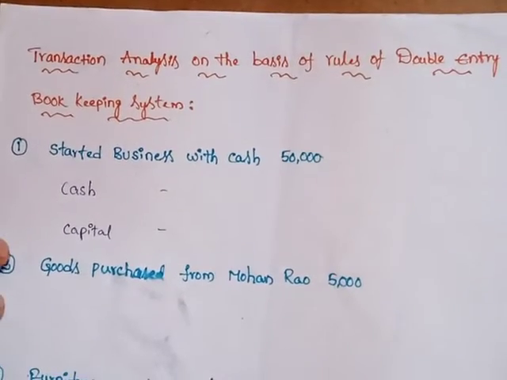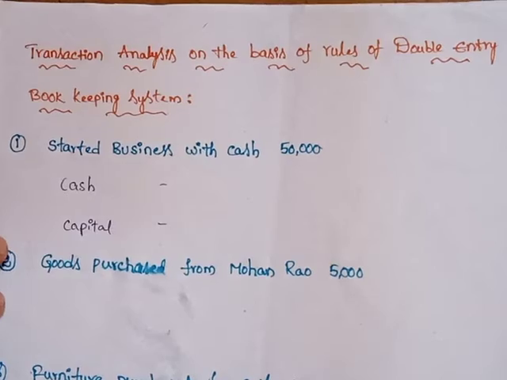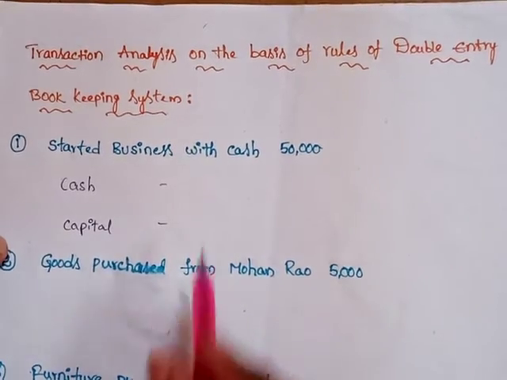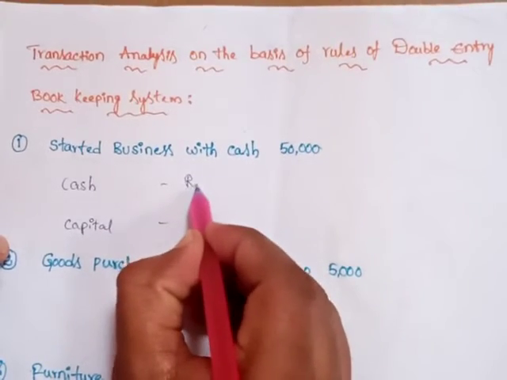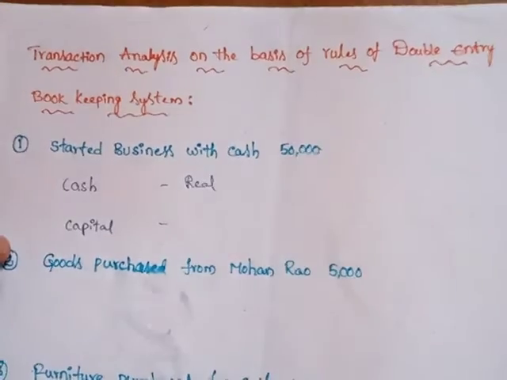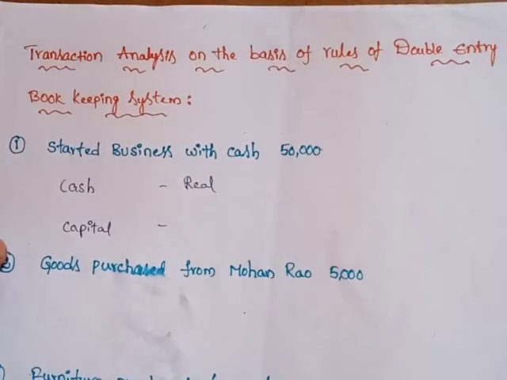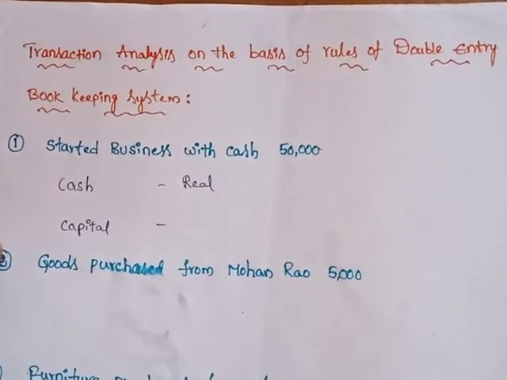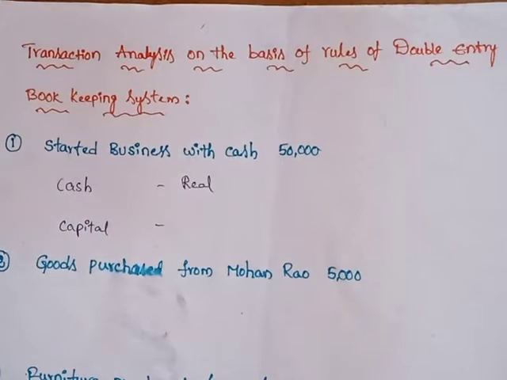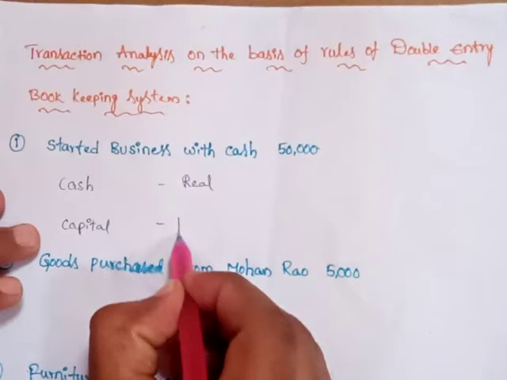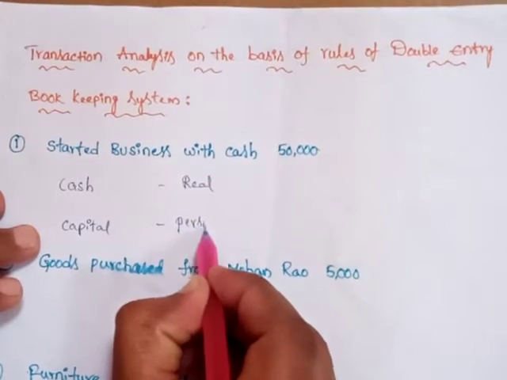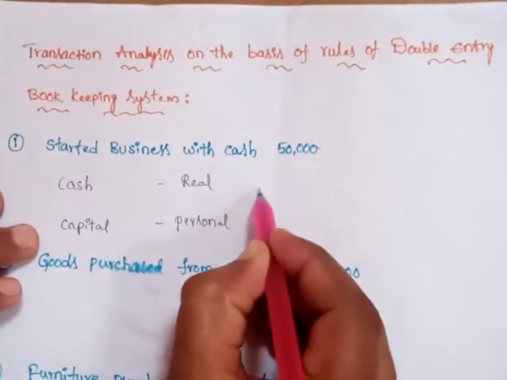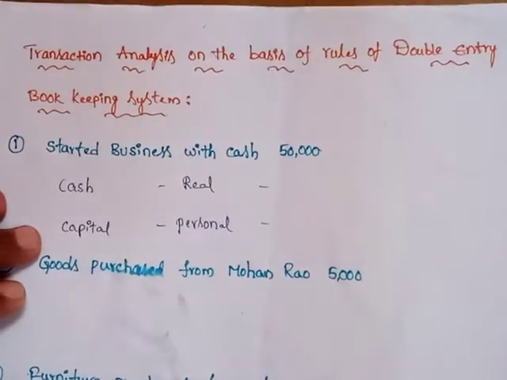Cash is an asset, that's why it's a real account. And capital means the amount invested by the proprietor, so it's a personal account.